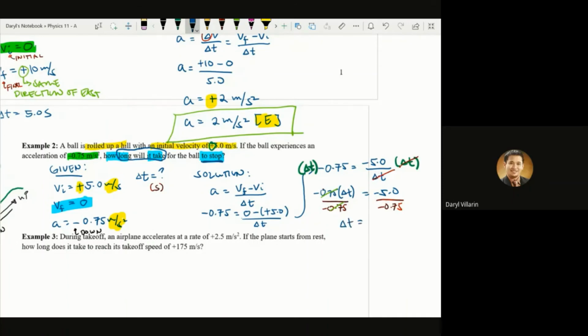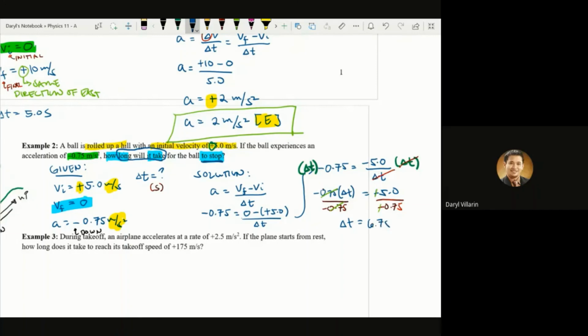Delta t is equal to, so if you can see here, my final answer is a positive value, which is to be expected. Remember that time is a scalar quantity, so you should expect that the final answer doesn't have any sign, or it's not negative.